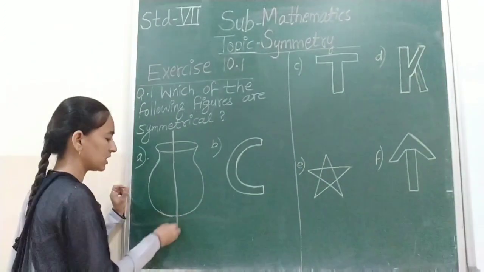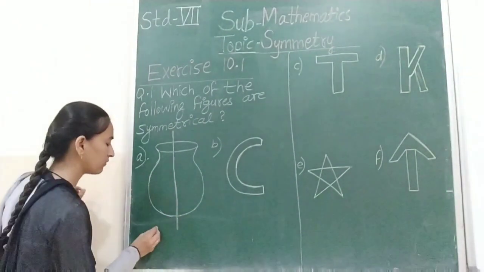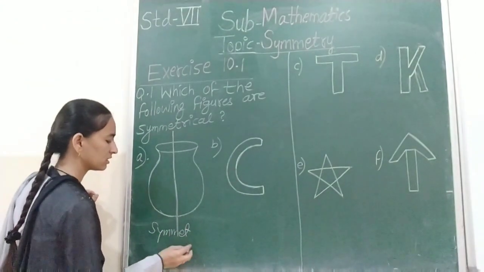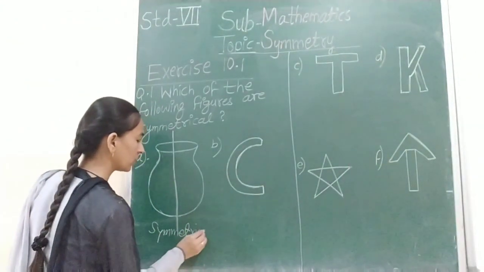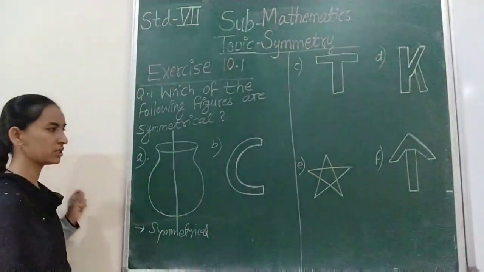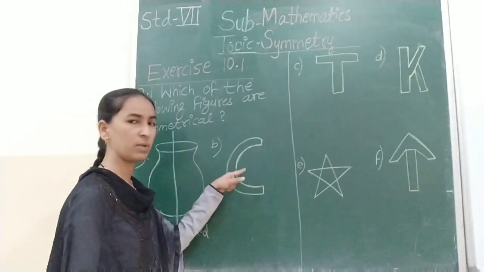If I fold from this side, it gives the symmetrical shape. That means our first figure is symmetrical. First answer is symmetrical.